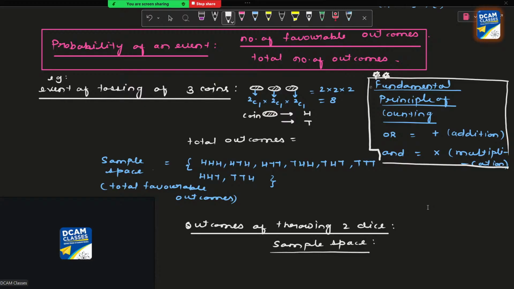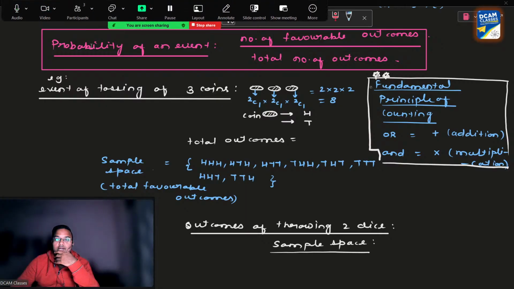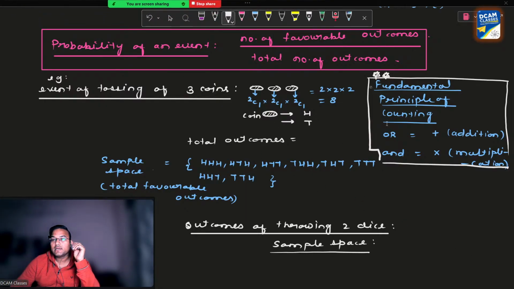You need not tell all those numbers. You just have to tell me the total outcomes, just like I told you it is 8 for tossing 3 coins. Like that, for throwing two dice it would be 36.